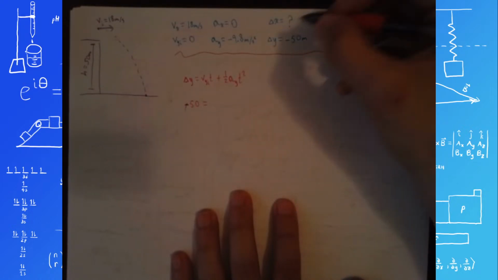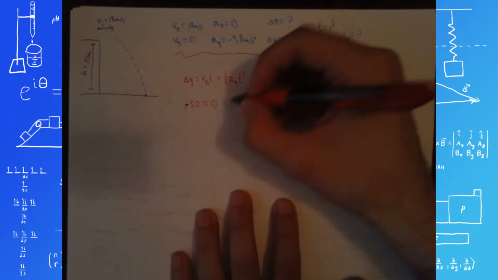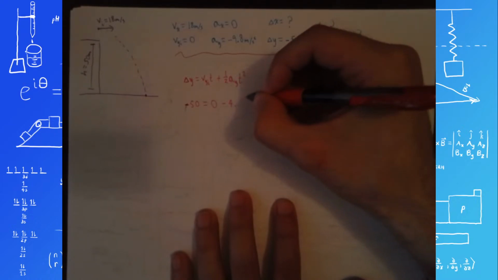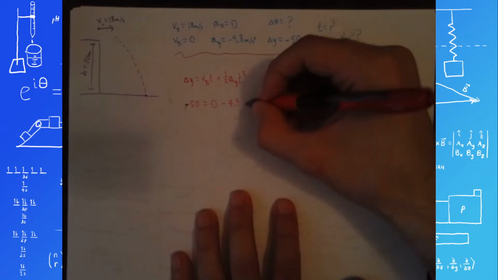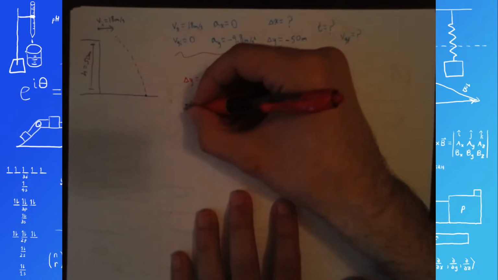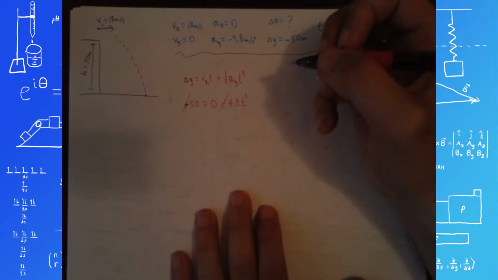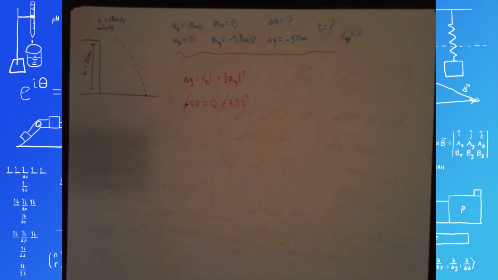Vy initial was 0, and then 1/2 of negative 9.8 is negative 4.9, and t squared. Okay, the negative there cancels with the negative there. 50 divided by 4.9, and then take the square root. 50 divided by 4.9 is about 10.20408.